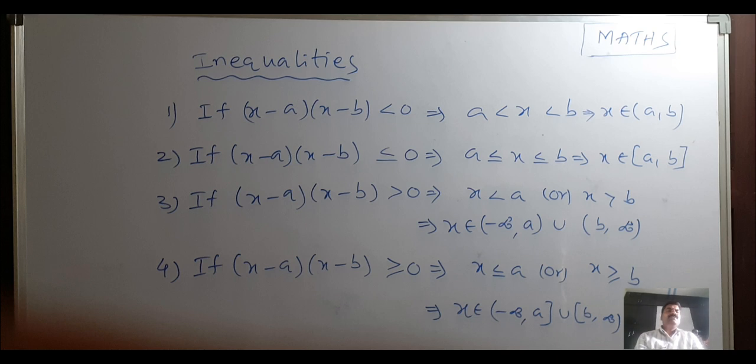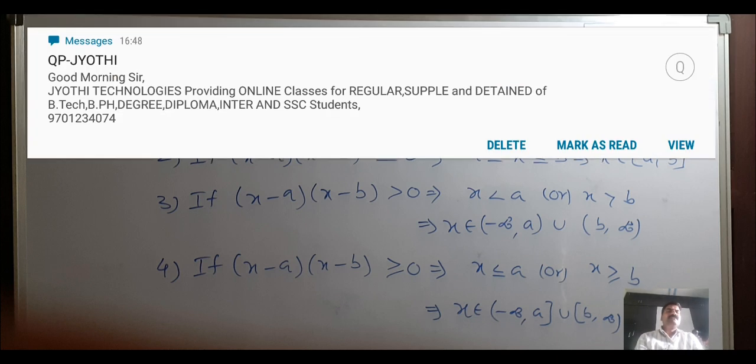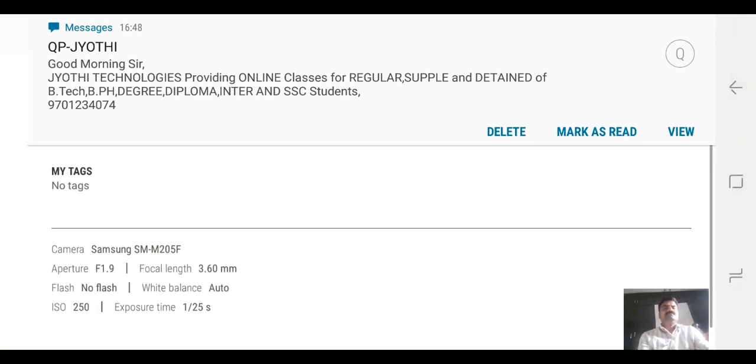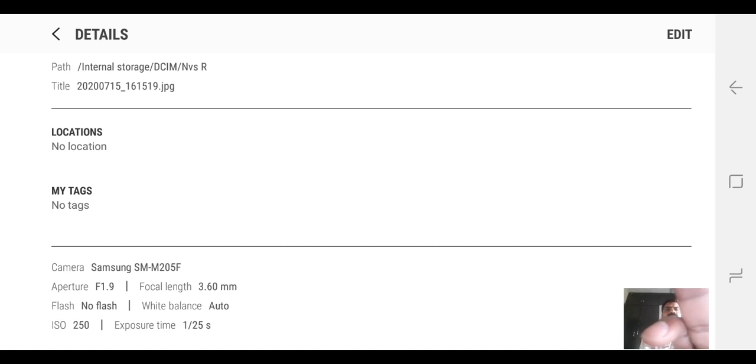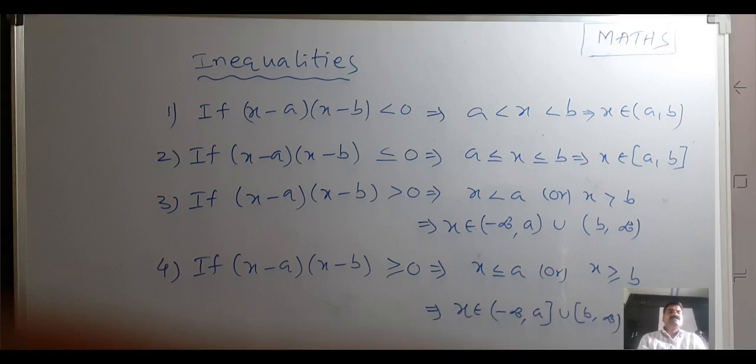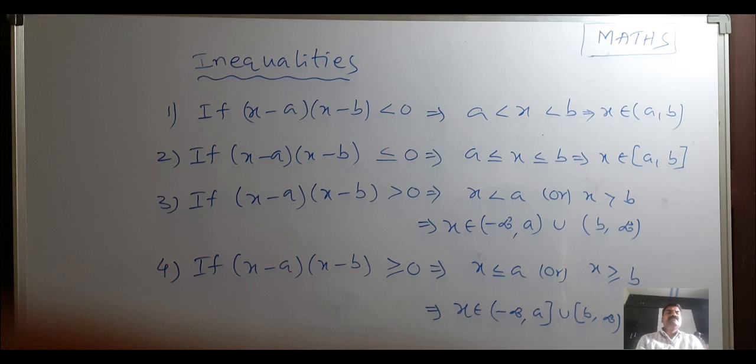If you want to know where it is positive, we write greater than 0. Now the first inequality: if x minus a into x minus b less than 0, the meaning is x lies between a comma b. We can also write it as x belongs to open interval a comma b.